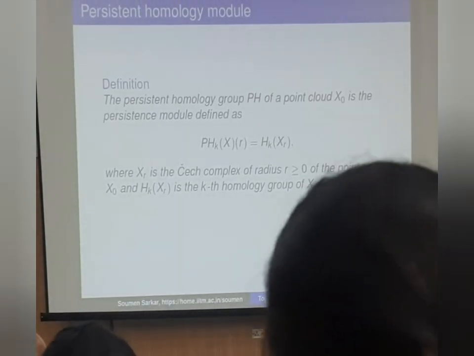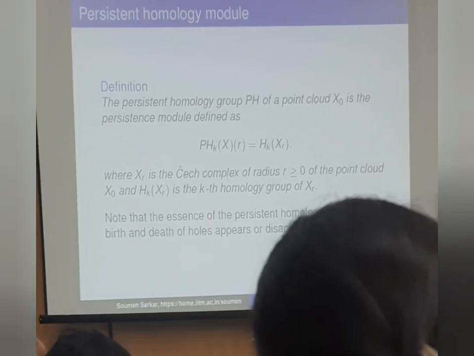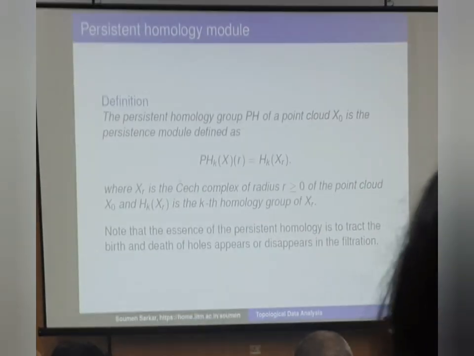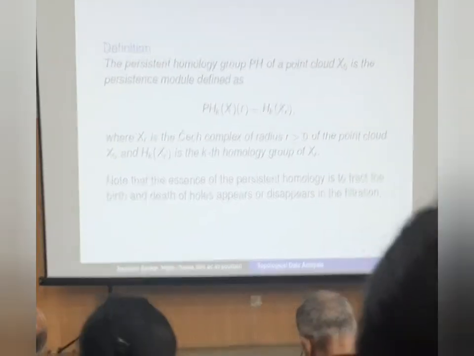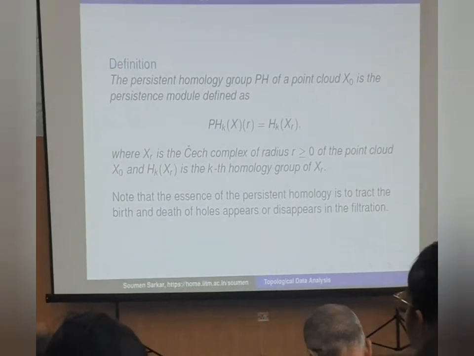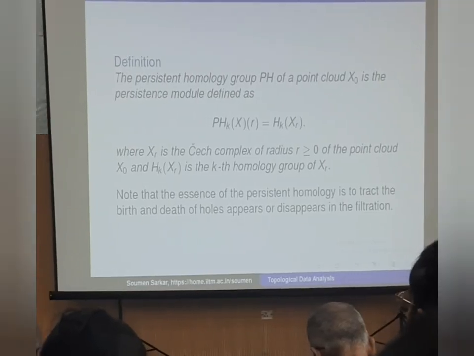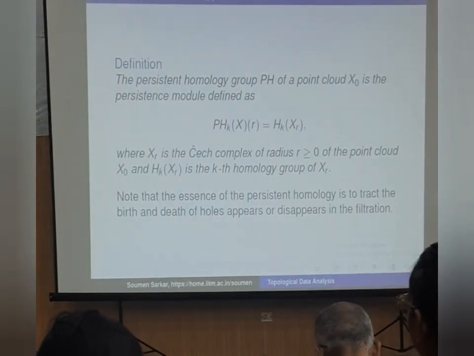So that is called persistent homology. Why is that? Sometimes one hole will come, like here. Now, after what time will it be killed? That means it will become contractible in higher dimension or not. That is called birth and death.